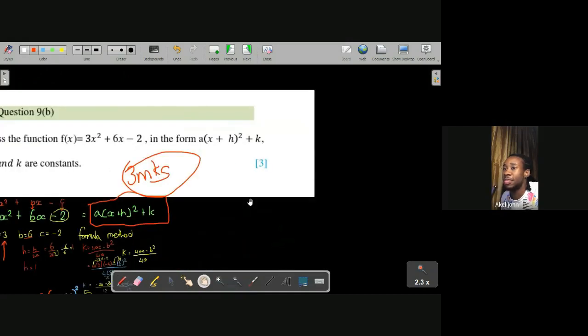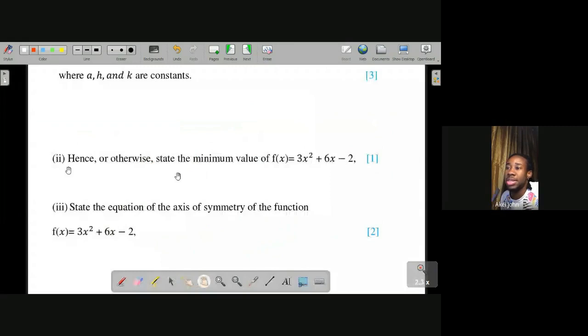Let's see what we have. Hence, or otherwise, state the minimum value of f of x. Okay, so remember how points or coordinates are written? It's written as x, y, but in completing the square, it is written as -h and k. Now, f of x is another way of saying k or y, right?